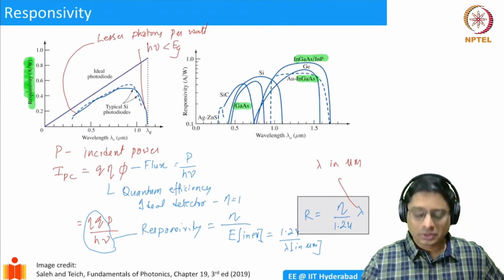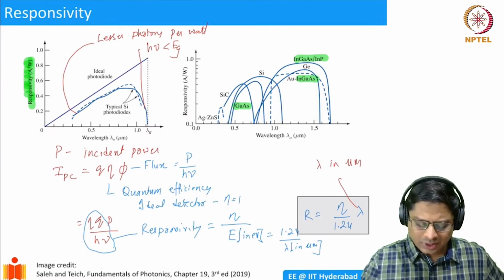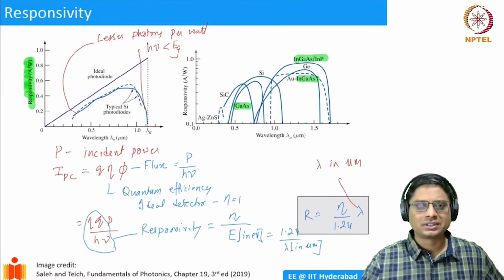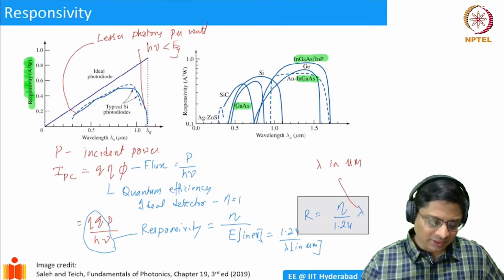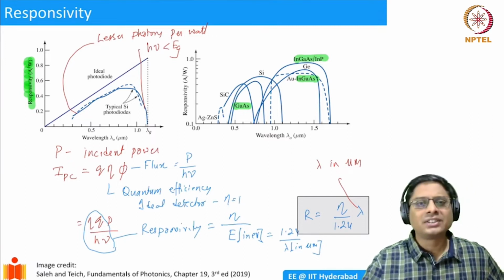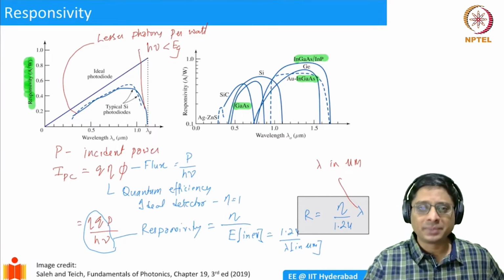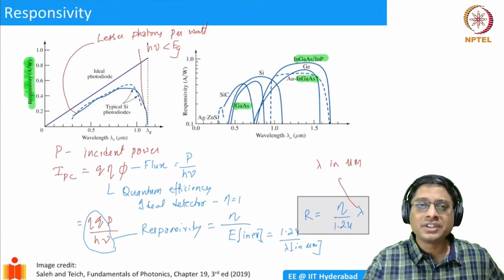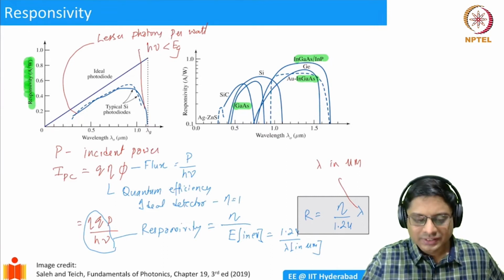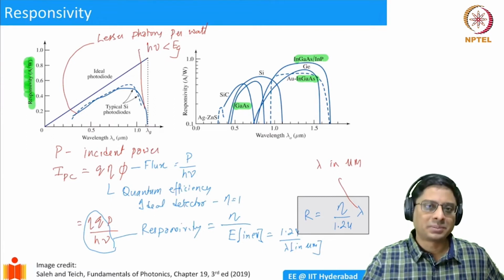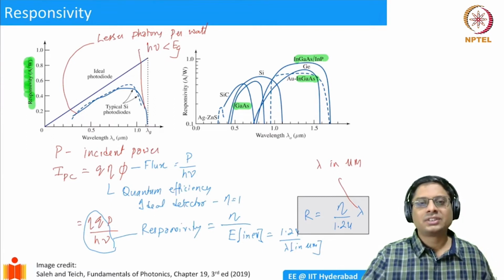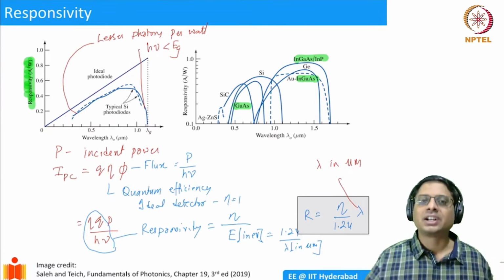So you might be wondering, definitely some of you must be wondering, that we said that silicon and germanium are indirect band gap materials, and they're not very efficient in interacting with light. Then how are we using them as photodetectors, right? It sounds counterintuitive, but it's not. The reason is, for photo detection purposes, what we care about is how many electrons we are able to collect.